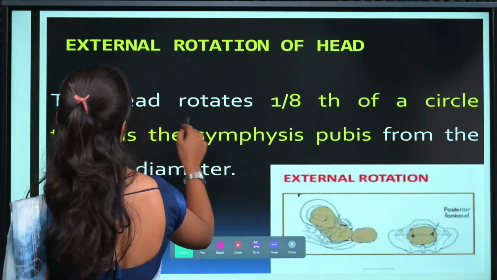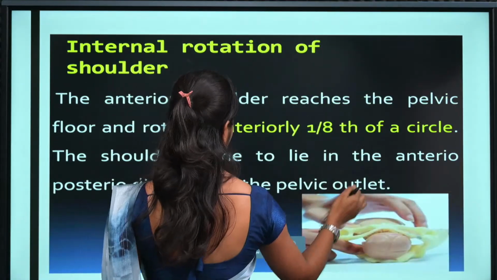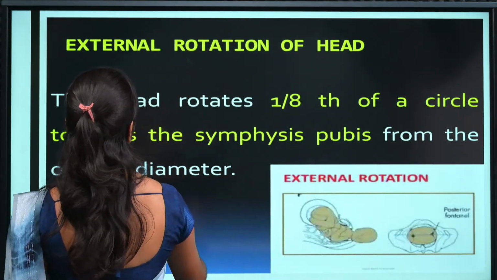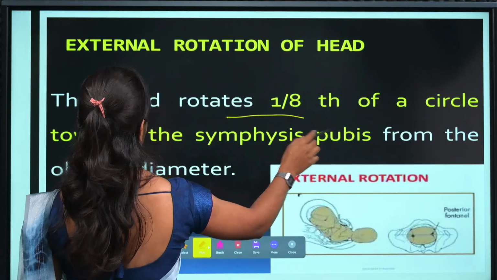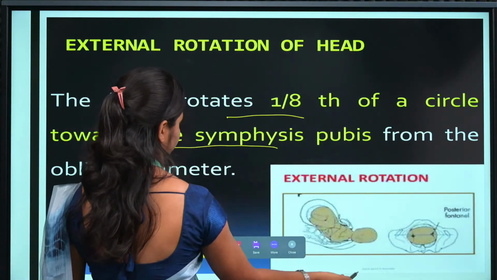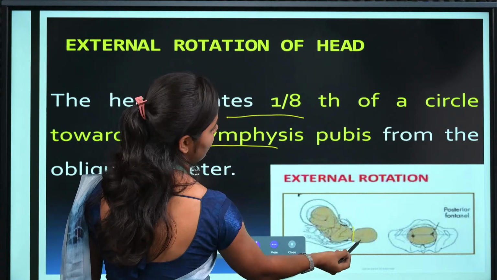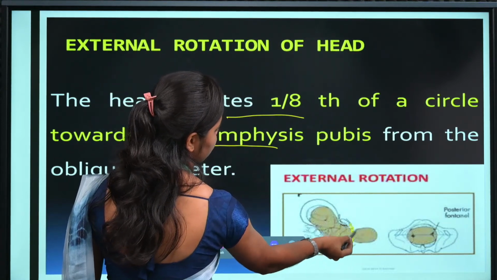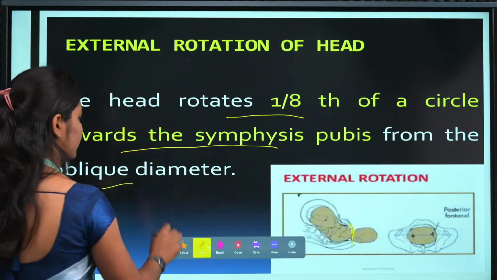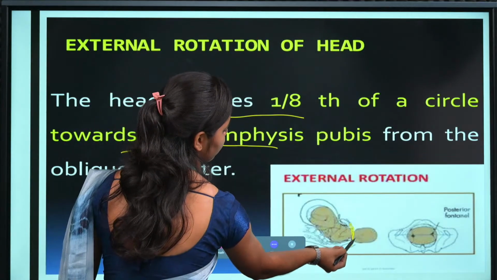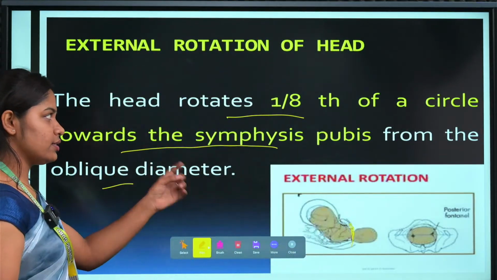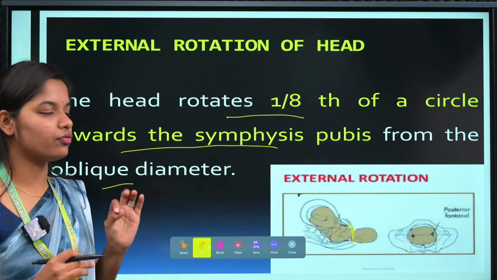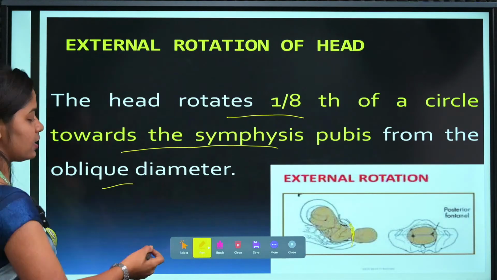The head rotates again 1/8 of the circle towards the symphysis pubis, from the oblique diameter. That is external rotation of the head.